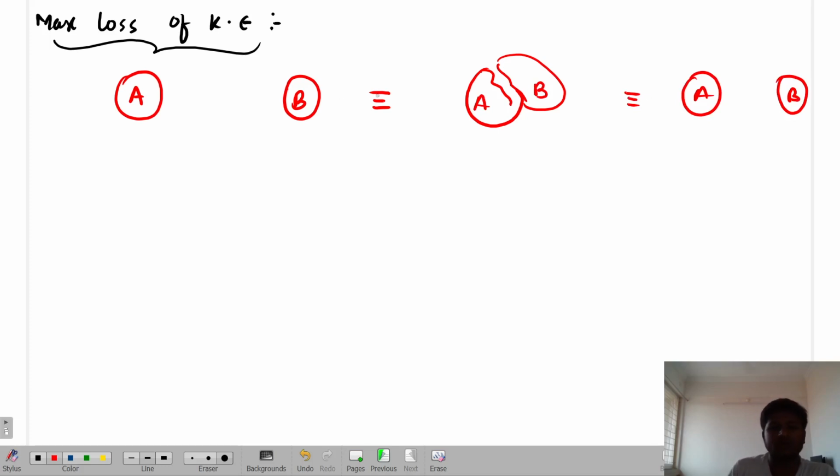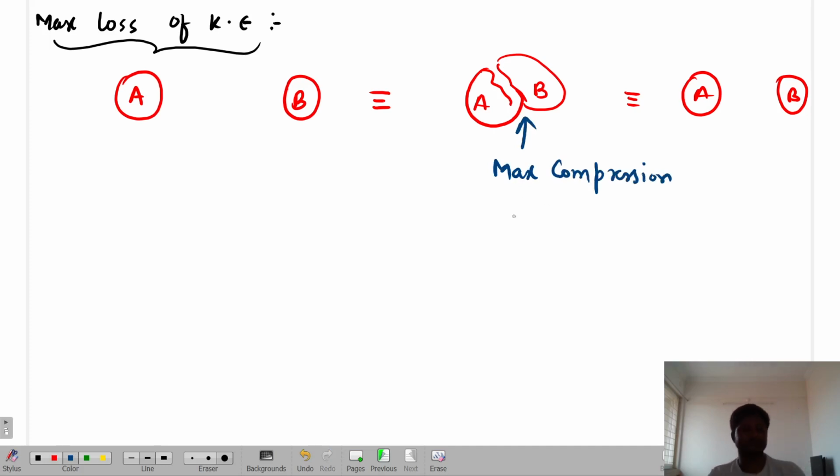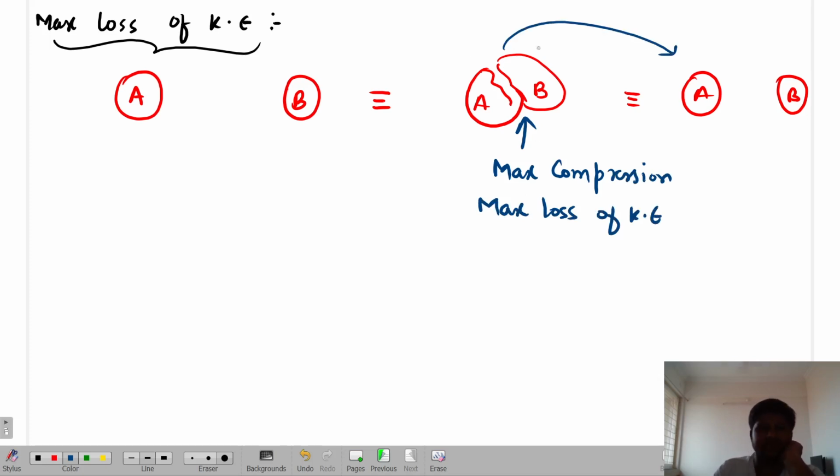So always you have to see over here that the only possible case where max compression happens, isn't it? Max, that means max compression only. So here is the only place where there is a maximum loss of kinetic energy, because after that once again kinetic energy is recovered.